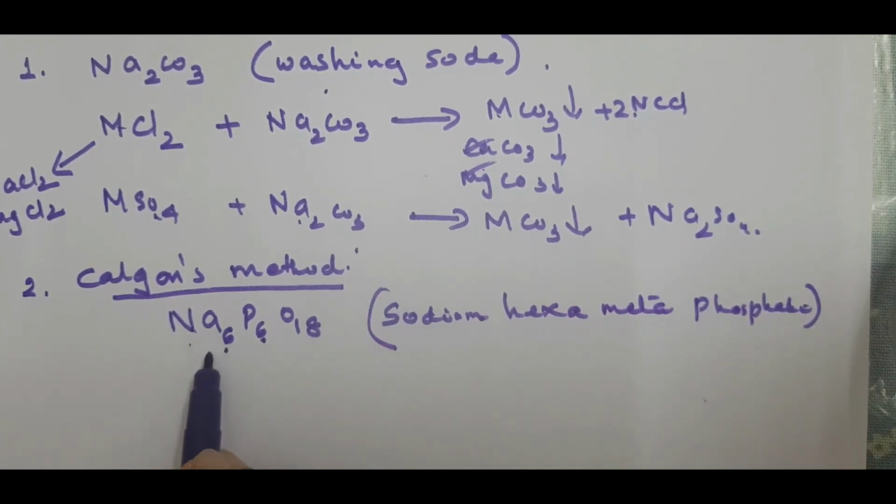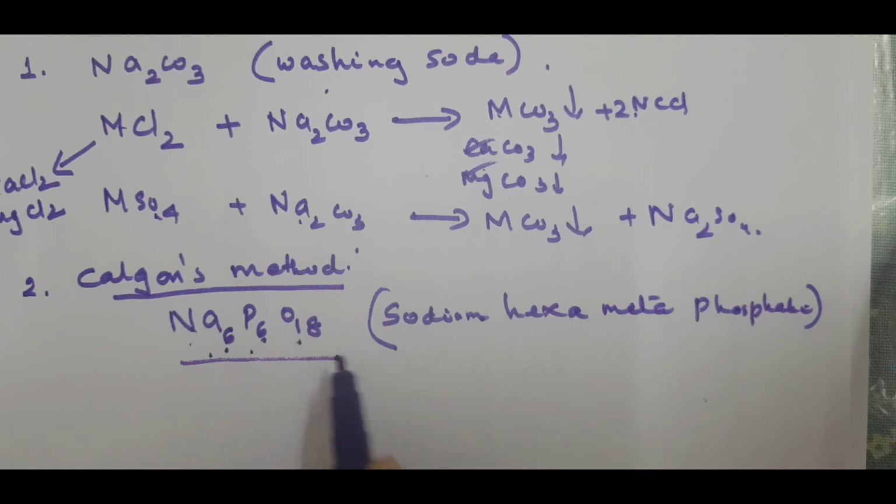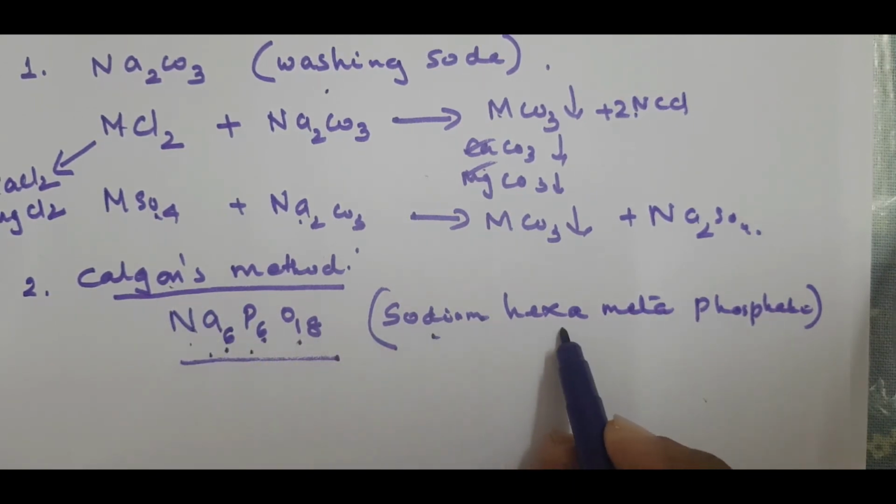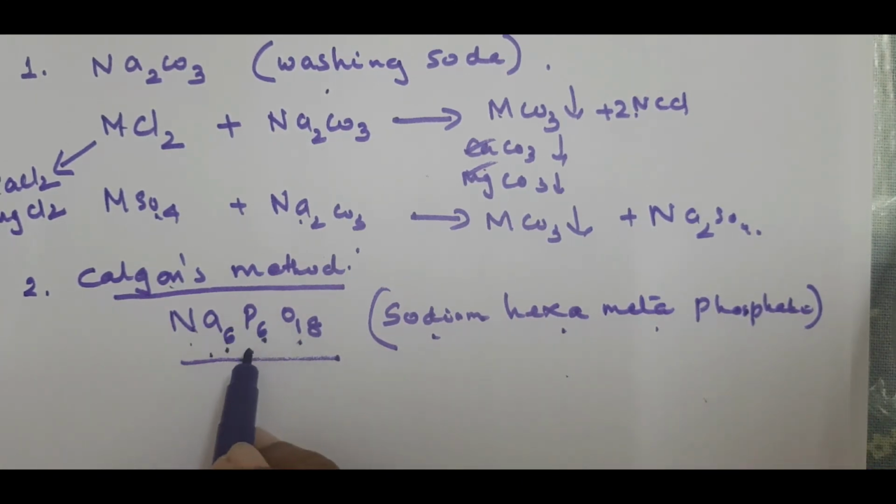That is Na6P6O18, which is commercially called Calgon, which is nothing but sodium hexametaphosphate. Okay, now we will see what happens when this Calgon is reacted with hard water.